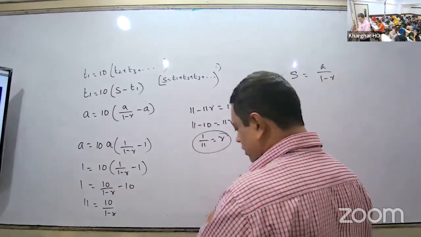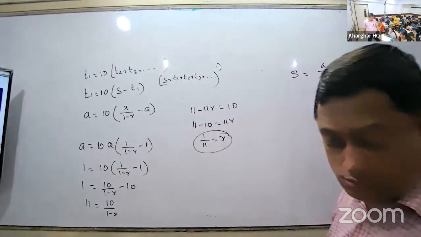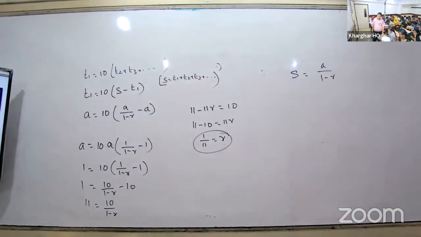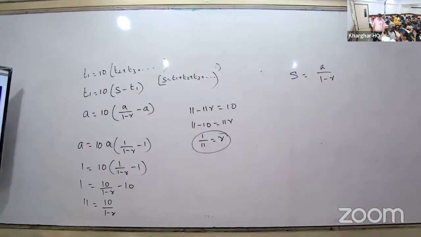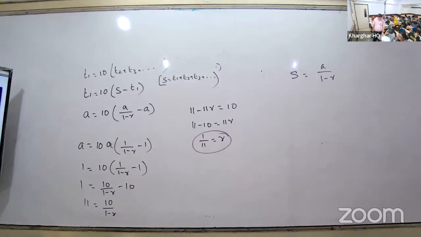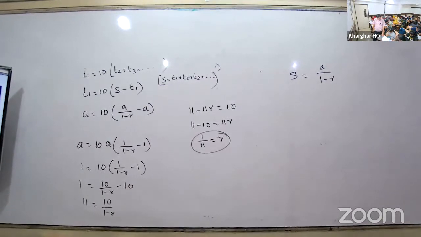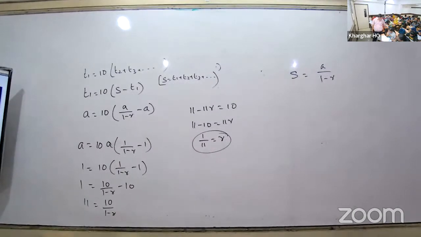Simplifying, what happened, not getting it? Then what did you do? You take this 10 here now, 1 plus 10, 11 now. What have you taken, LCM? Yes, 60.